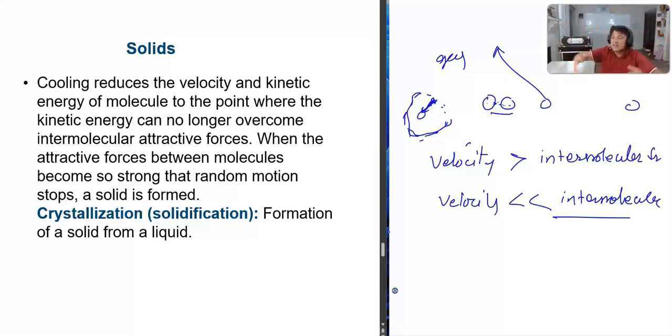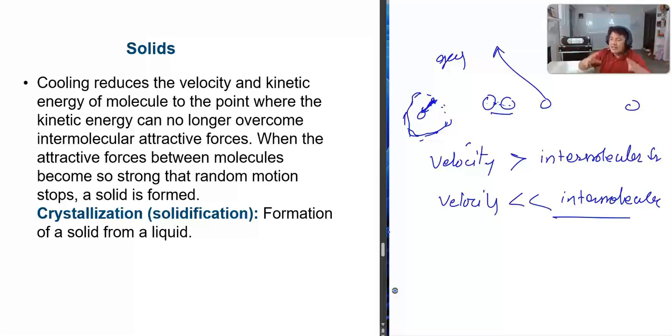That kinetic energy is much higher than the intermolecular forces. That's why in the case of gas, we just calculate the kinetic energy. We don't actually measure the intermolecular forces. So the intermolecular forces are way smaller than the kinetic energy.